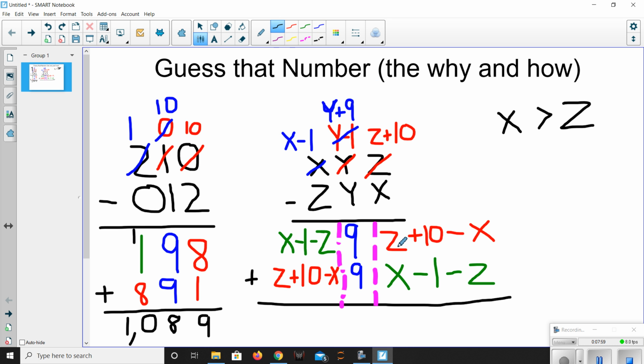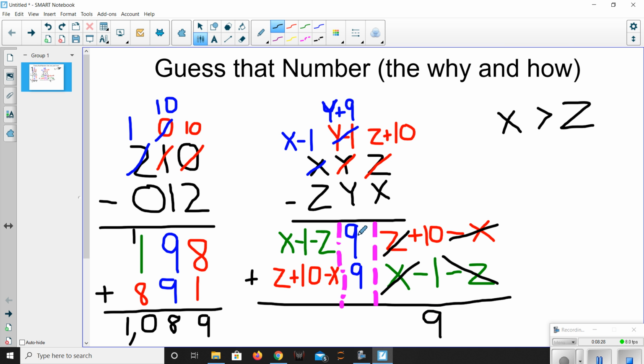So now if we were to add the z plus 10 minus x plus x minus 1 minus z, we can see that we have a positive z and we're adding a negative z. So therefore these cancel out. And then we have a negative x and we're adding an x, so those cancel out as well. And now we have 10 and we're adding a negative 1. So that's just like saying 10 minus 1, and that ends up giving us 9.